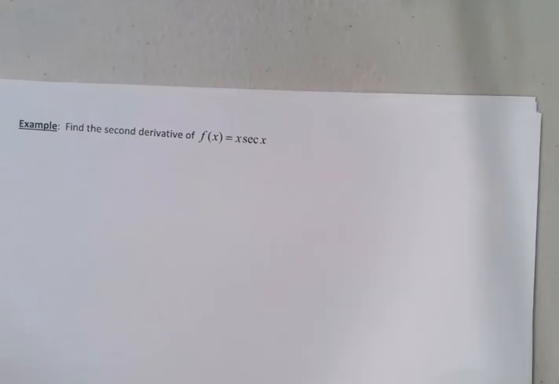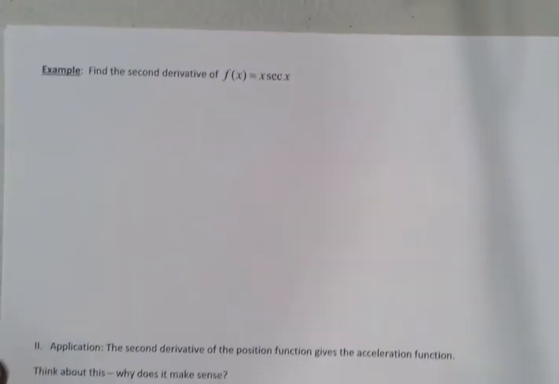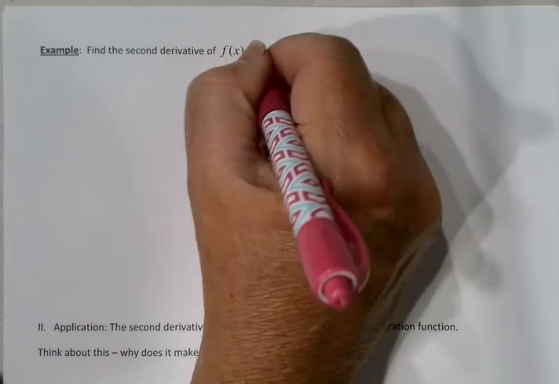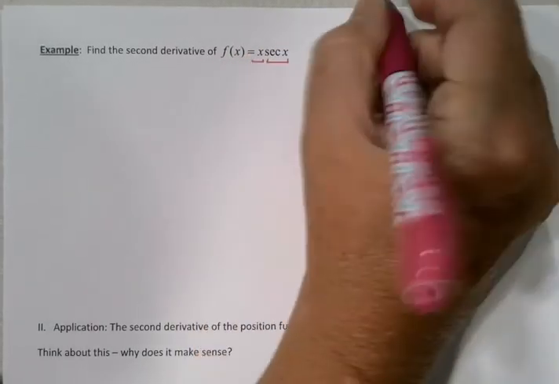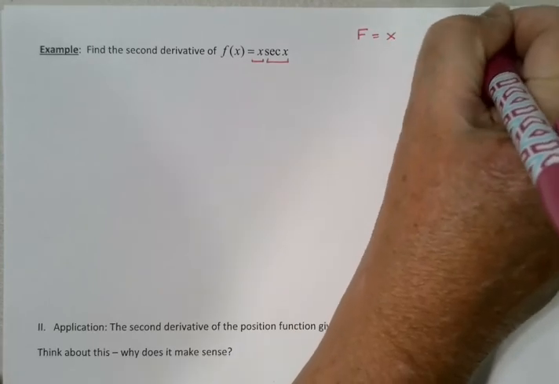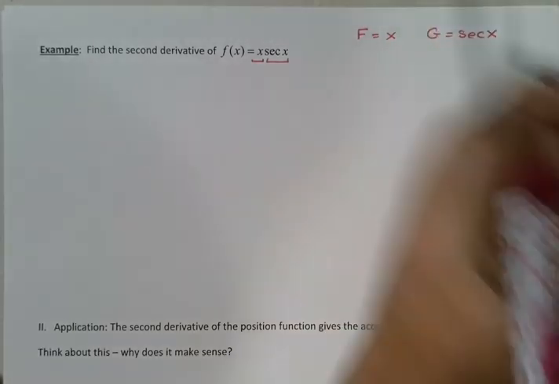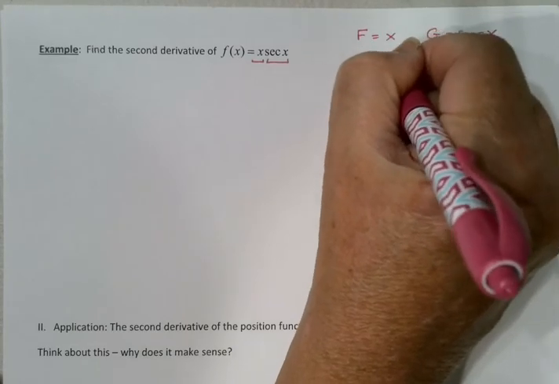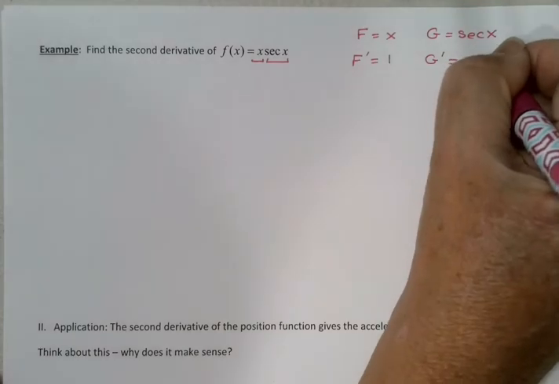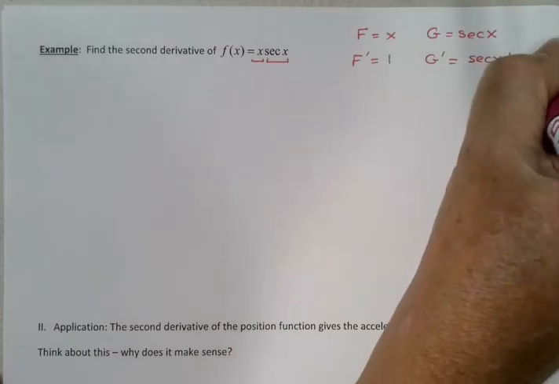And for an example of what I mean by that, take a look at this next example. To do even the first derivative of x secant x, I'm going to need a product rule. Let's let f be x, and g would be secant x. So f prime would be 1, and g prime would be secant x tangent x.